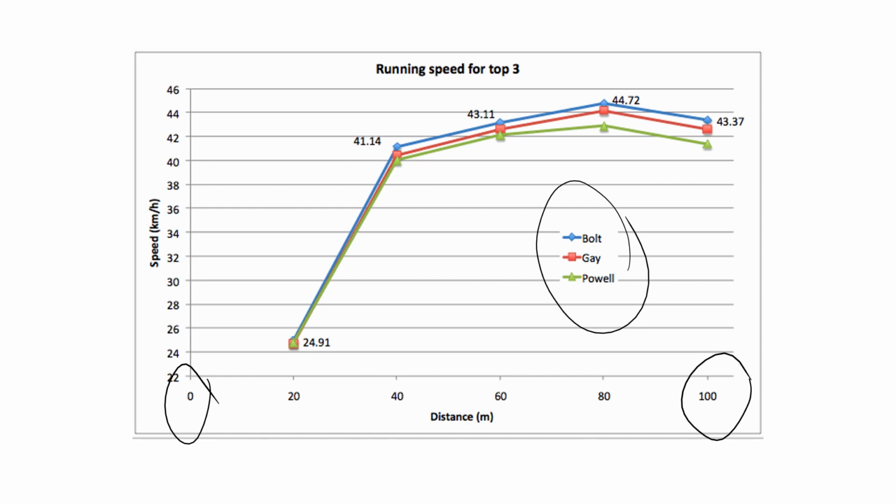What you're observing is their velocity over the course of the race. So you can clearly see that their velocity substantially increases, which makes sense, as they run the race.